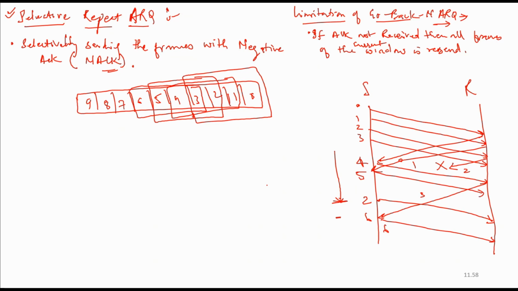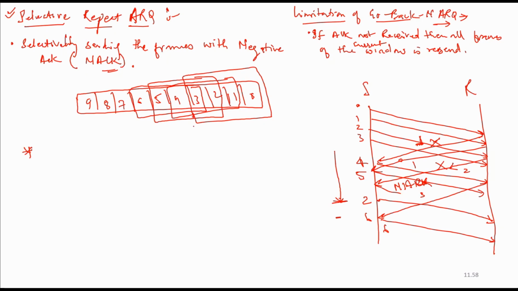Suppose 2 is not received by the receiver, then the receiver will send a negative acknowledgement. If the negative acknowledgement is received, then 2 will be sent again; whichever frame number is negatively acknowledged, only that frame will be resent. So this is the basic idea of selective repeat ARQ.